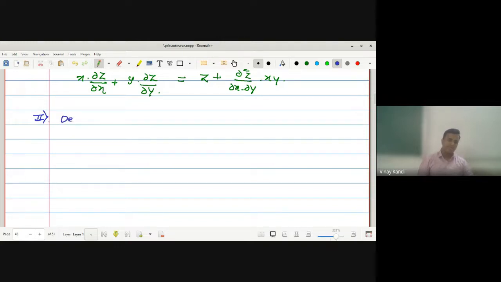Now the derivation of partial differential equation by elimination of arbitrary function.